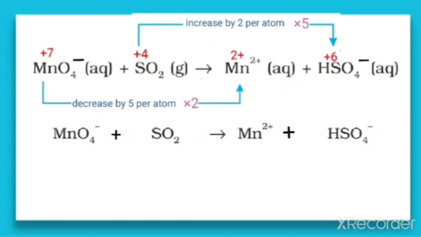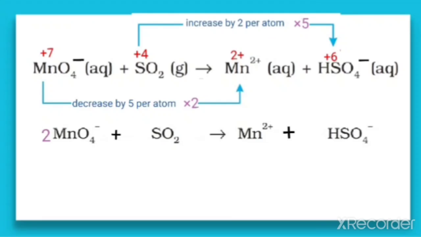For MnO4 negative, there is a decrease by 5 per atom in the oxidation number. Therefore, we have multiplied with 2. Therefore, that 2 should be written as the stoichiometric coefficient for MnO4 negative. Similarly, for the SO2, there is an increase by 2 per atom.